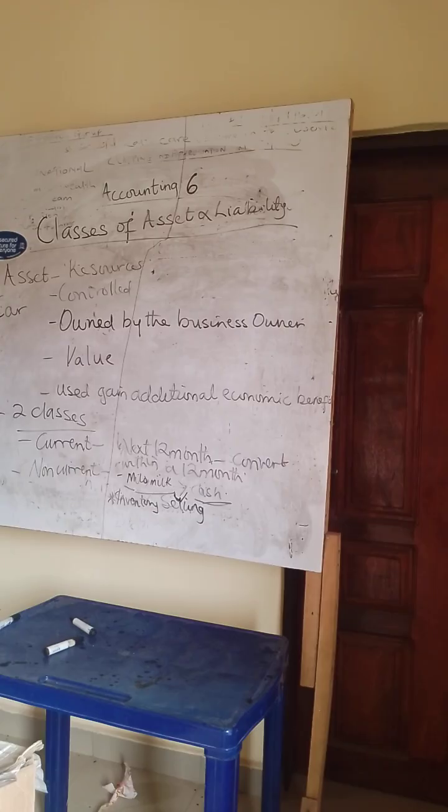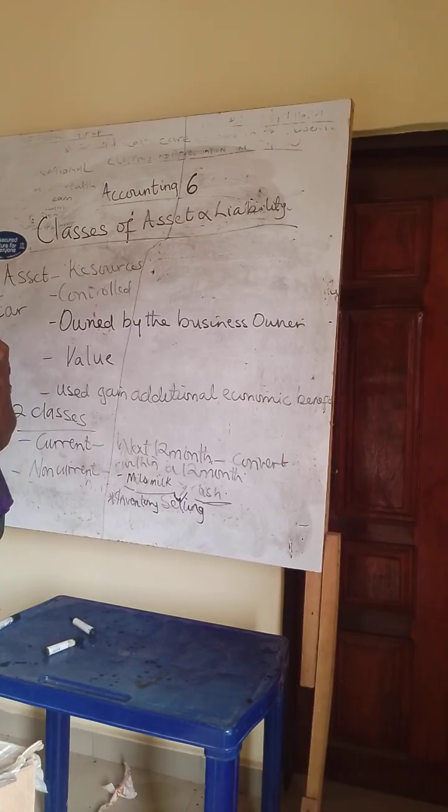If for instance you're into car dealership, the cars that you have in your car stand are your what? Stock. They are your inventory. Those are the cars you're going to market and advertise. And at the end of the day, after successful advertisement and getting a client that wants to purchase the car, that car will become what? Cash, depending on how much you decide to sell the car, maybe 5 million naira and above.